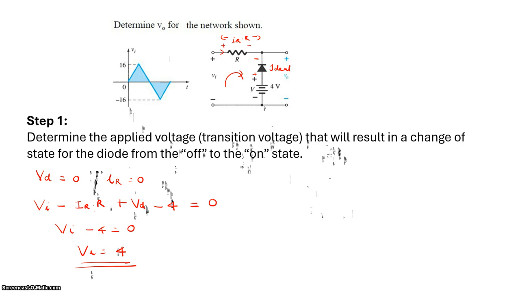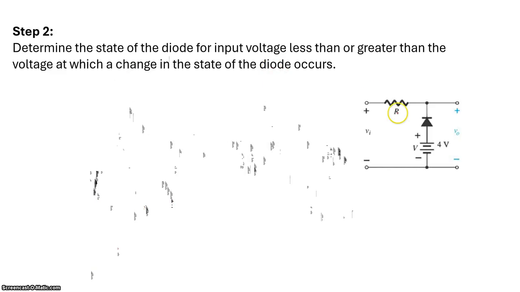Now we need to find whether for Vi greater than 4 or Vi less than 4 your diode is on. Look here, the diode is placed with its negative side connected to the positive. So obviously for the positive half cycle of the voltage, positive to negative, the diode should be off.